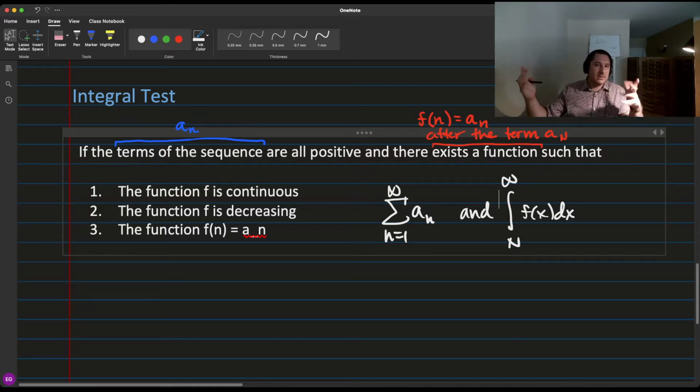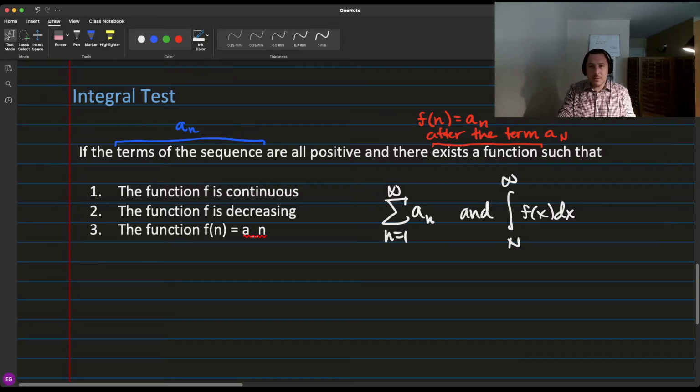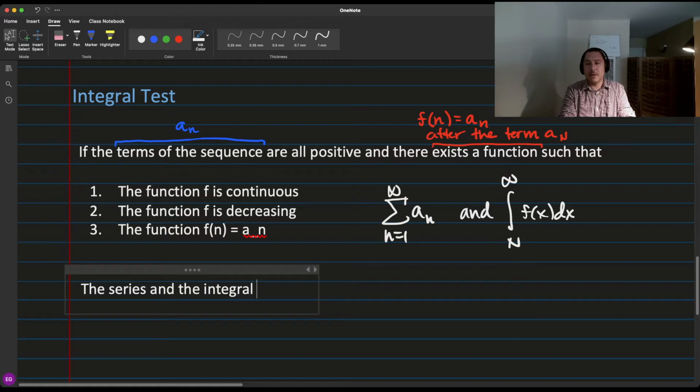Usually that's 1, sometimes it's not. Fact is, you get some definite integral. So if those three things are true, then the series and the integral either converge or diverge simultaneously.